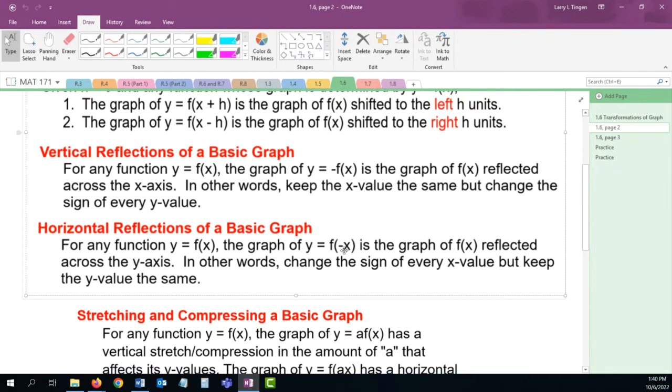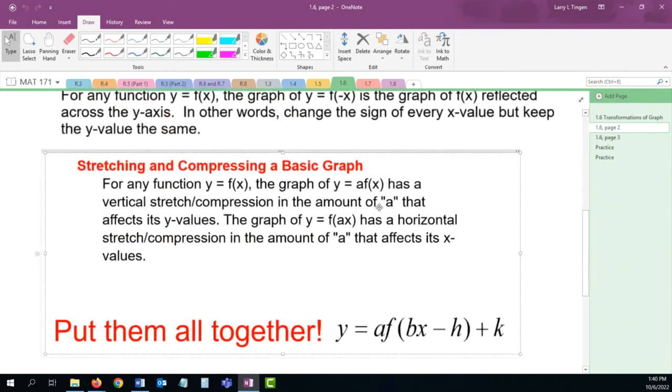Really, for us, with the interior of the function, this f of negative x, I'm manipulating the input. Remember that notation, f of x: whatever goes in parentheses is my x value, and whatever comes out is the y. I manipulate the input so that the output is changed.